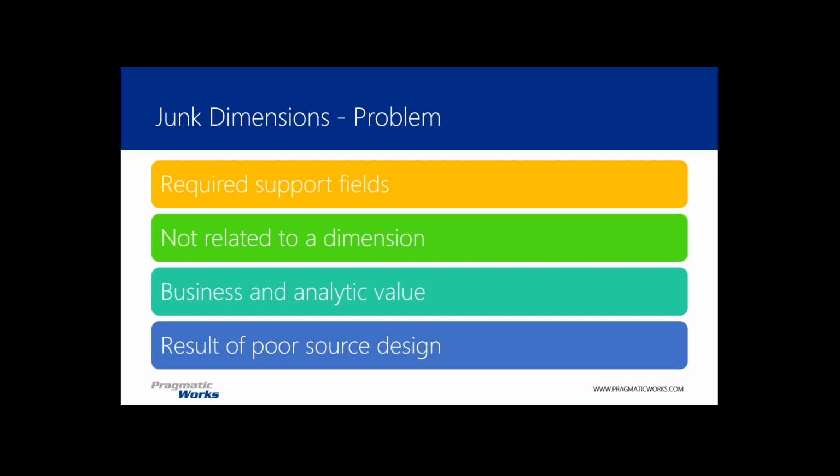We need to know how many of those people chose rush delivery as opposed to just standard delivery. Some of these things could, maybe that delivery one goes into a different dimension, but these are all things that we may store on our fact table. Okay? They're required fields for doing analysis inside of our business, but they don't necessarily, again, relate to a dimension.